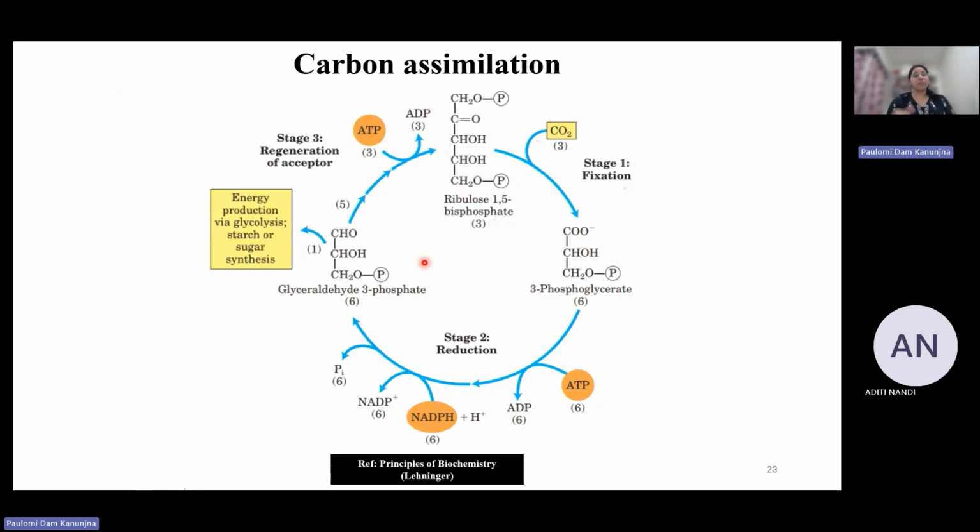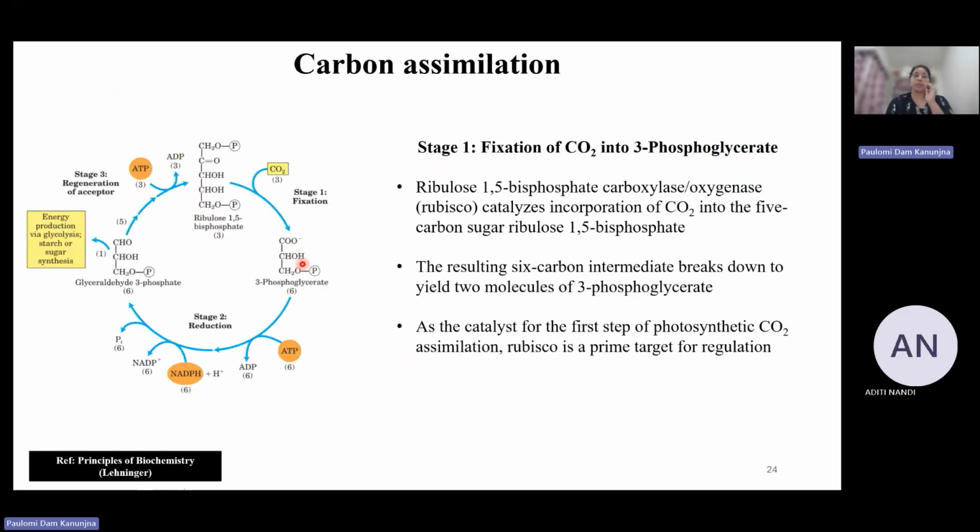Now in this step, we will see further that not only is it giving rise to ribulose 1,5 bisphosphate, along with this it is also utilized for glycolysis, because we know this compound is an intermediate for glycolysis, gluconeogenesis, sugar synthesis, and starch synthesis. So you can see that one intermediate is being used for many different processes. So let's look into them in more detail.